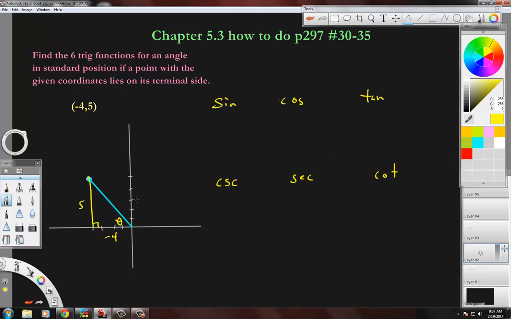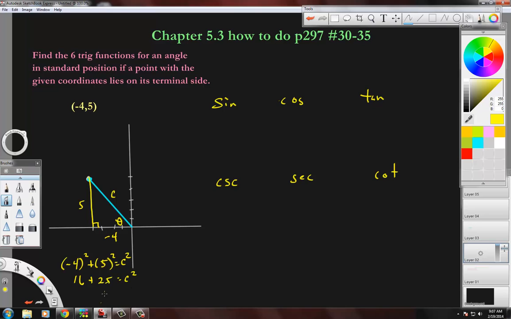Can you solve for all these things? Well, you have to get the length of the hypotenuse first. So you're going to have to do a little Pythagorean theorem on here. So check this out. This is like a squared and b squared, and this would be your c. So it'd be -4 squared plus 5 squared equals c squared. And -4 times -4 is 16 plus 25 equals c squared.